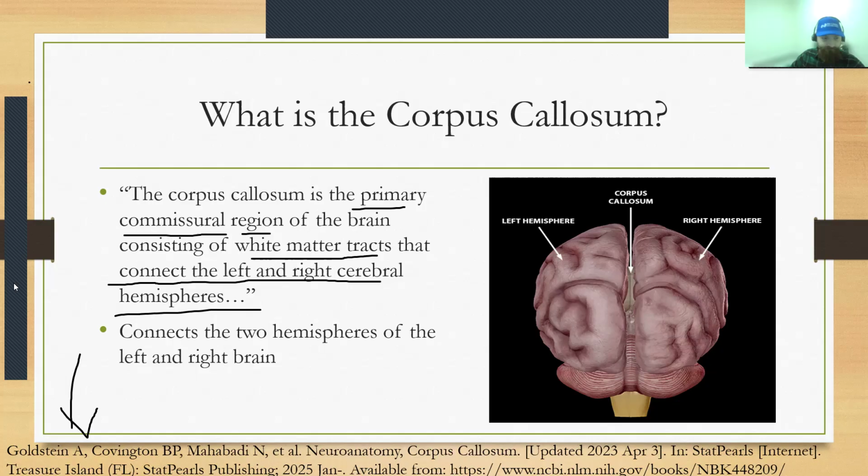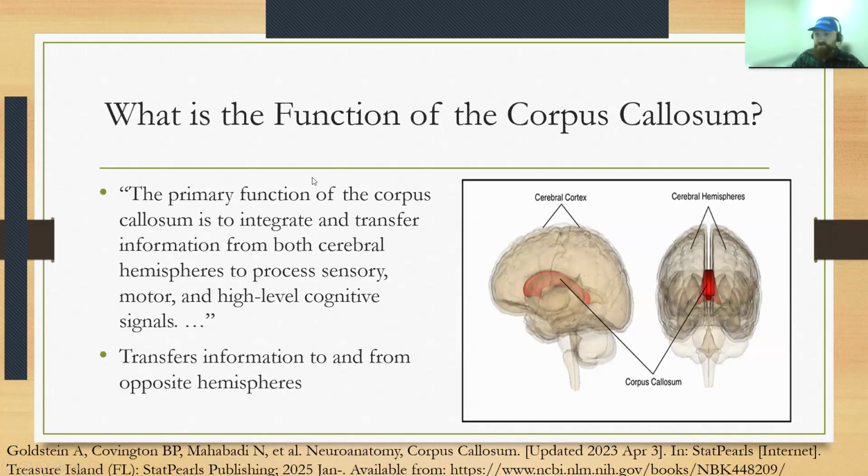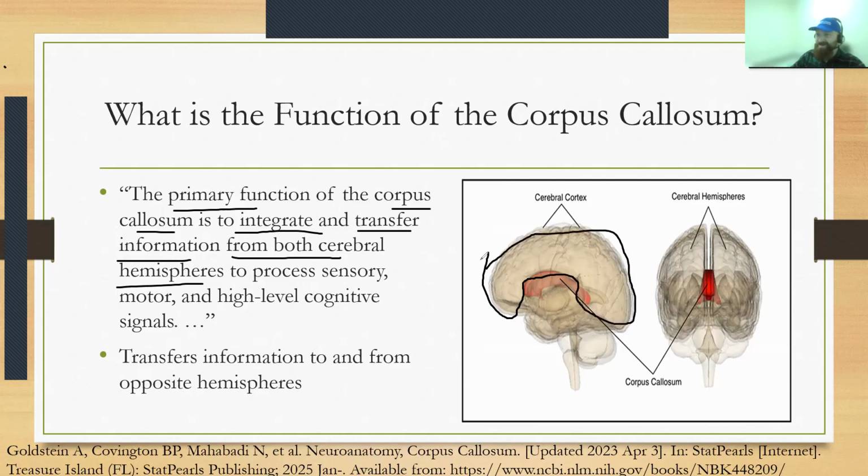It's in between. And so you might be asking, Jay, what is the purpose of the corpus callosum? What is the function of this part of the brain? Per the source, you'll find it in the description as well as on the bottom of the slide, the primary function of the corpus callosum is to integrate and transfer information from both cerebral hemispheres. Cerebral means the cerebral cortex, what most people would associate as the brain.